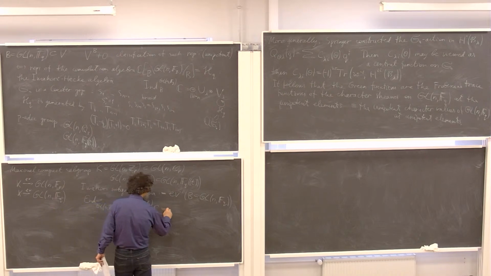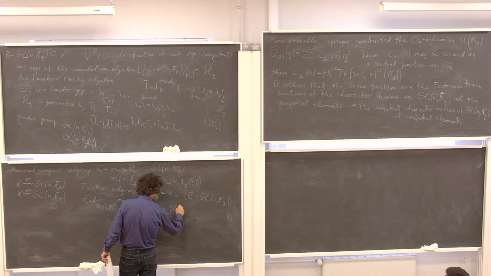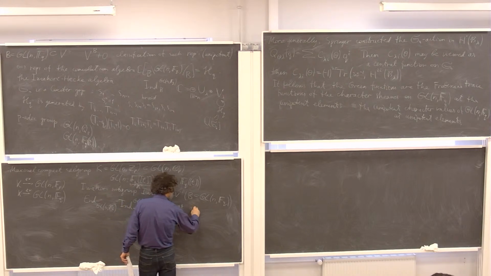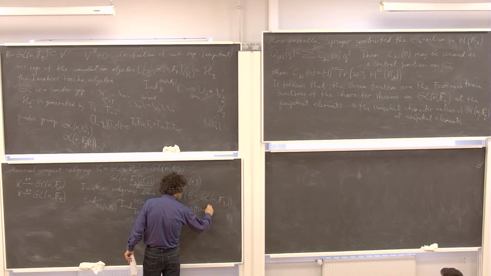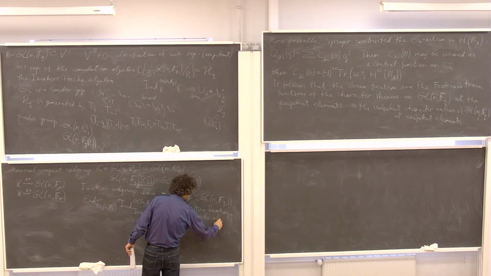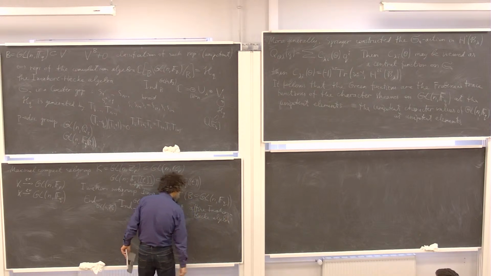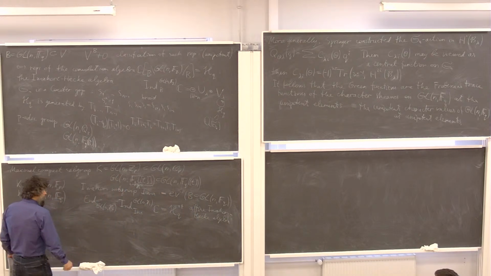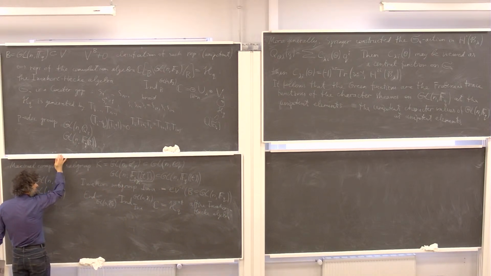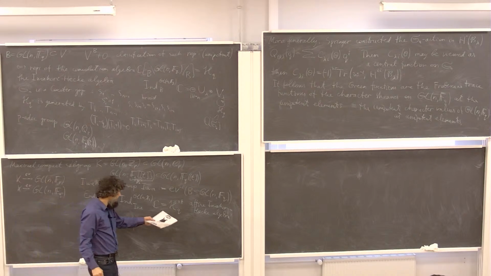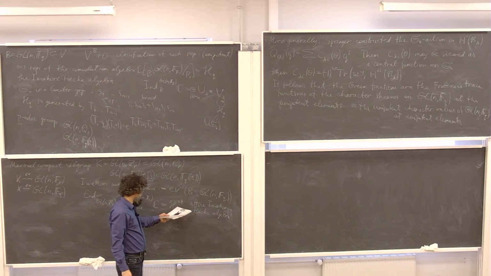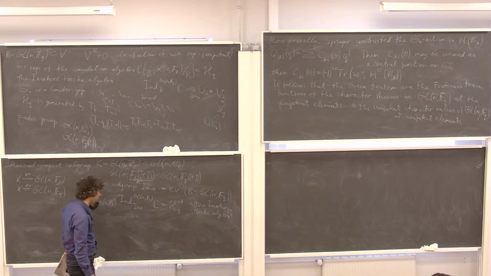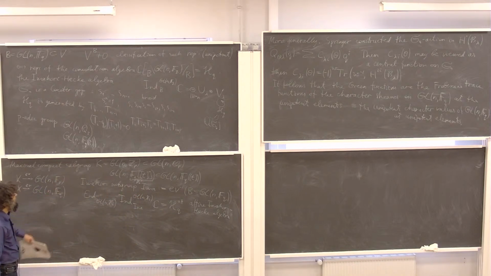This is called the affine Iwahori-Hecke algebra. And it is, again, presented via generators and relations, very, very similar to those.